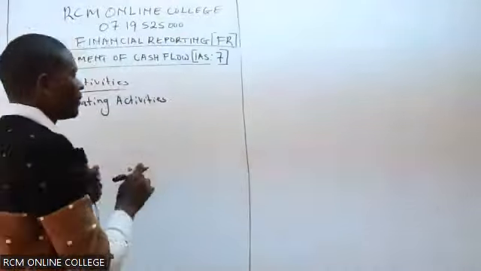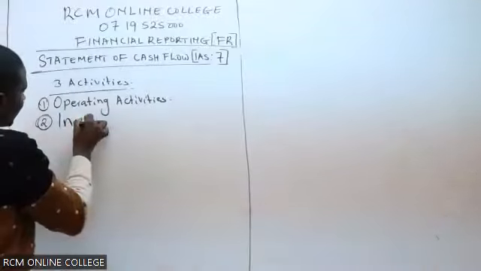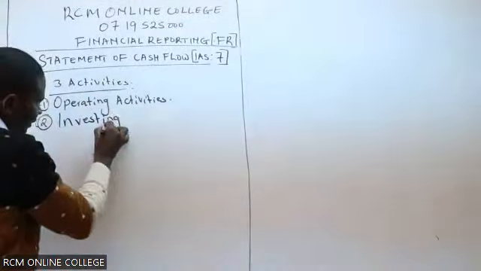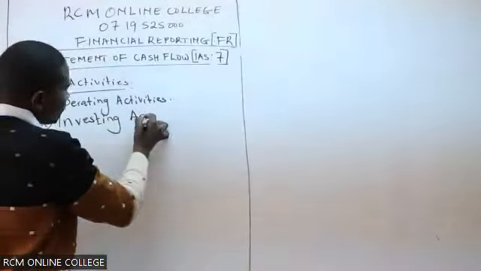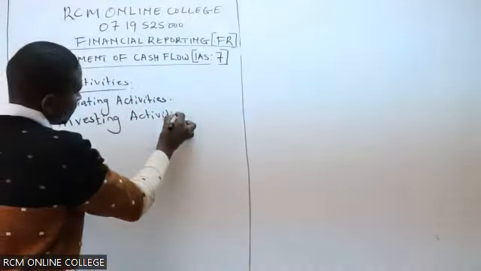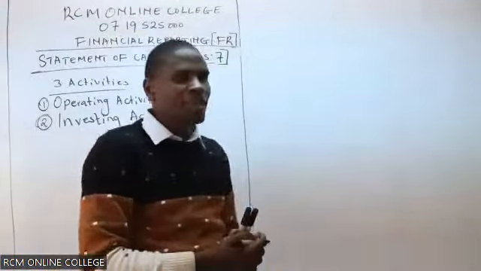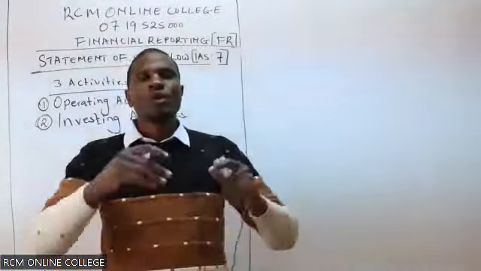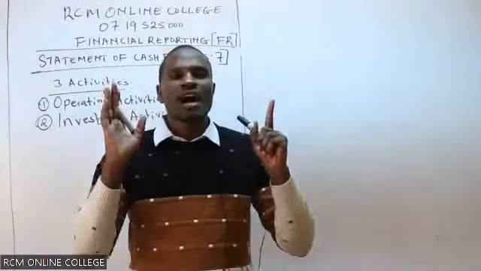Operating activity. Then we have activity number 2, which is investing activity. Thank you very much. I can see you are still giving me those investing activities. Investing activity, class. When we talk about investment, we invest in non-current assets.